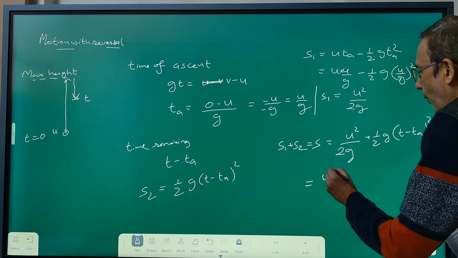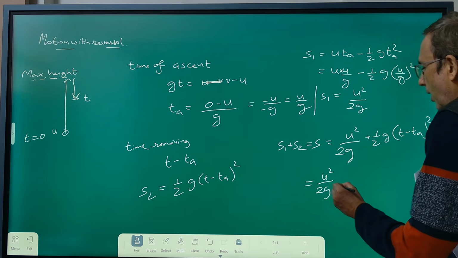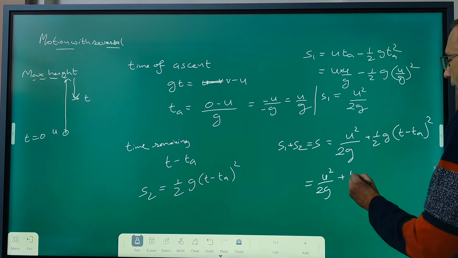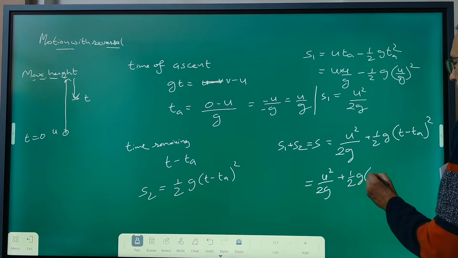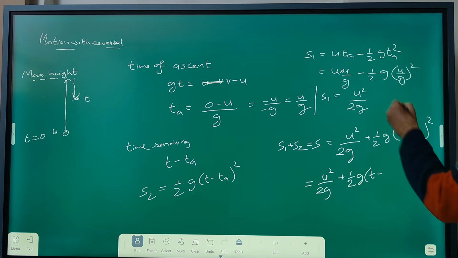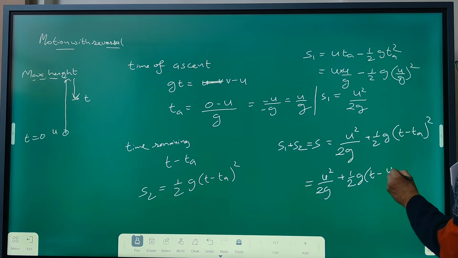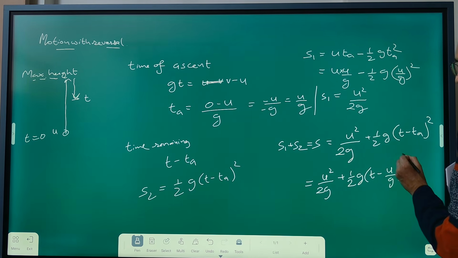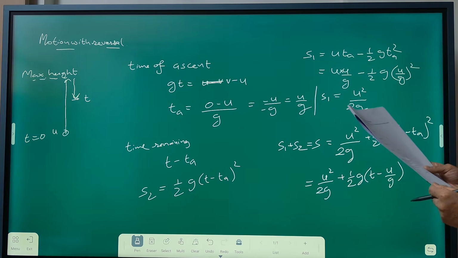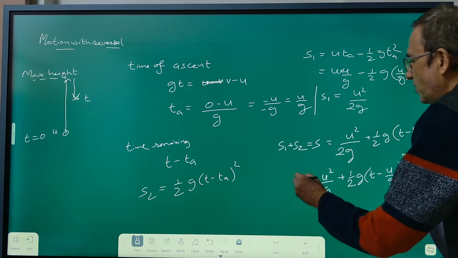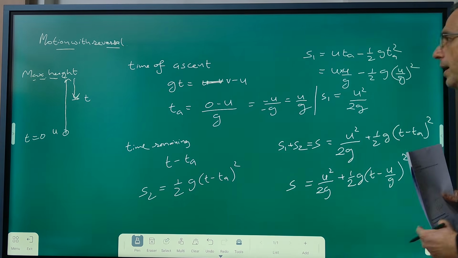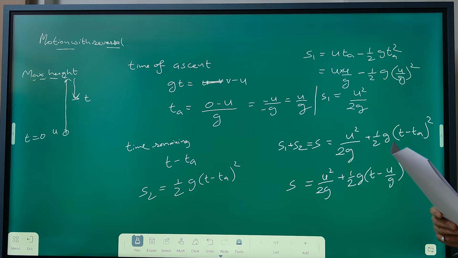It is u square by 2g plus half g (t minus Ta) whole square, where Ta is u by g.